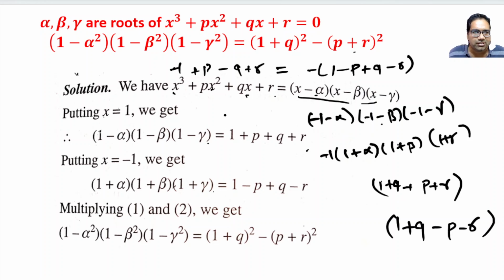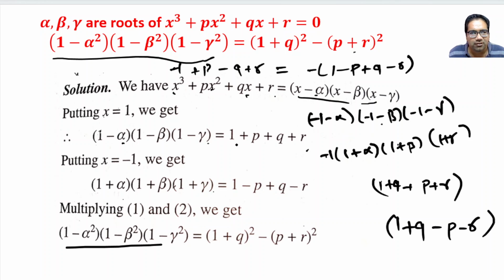Now we have got two equations, when x equals 1 and x equals minus 1. If we multiply these two, the left hand side is formed. Right, this is clear. (1 minus alpha)(1 plus alpha). Left hand side is (1 minus alpha square)(1 minus beta square)(1 minus gamma square). Here, what about this one?